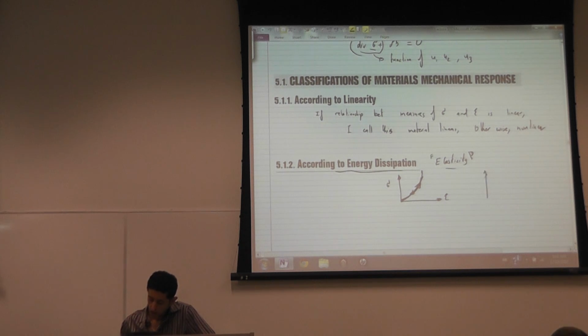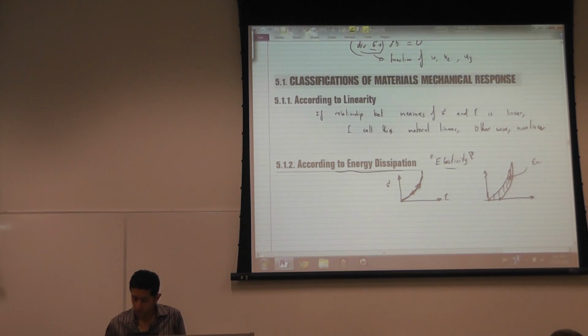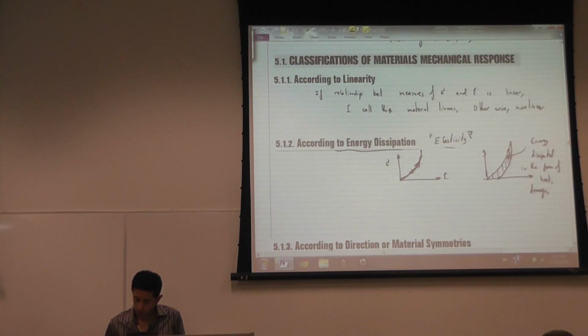If, on the other hand, as I load, I follow a certain path, and as I unload, I follow a different path that might go back to zero or not, then this material is inelastic. The energy dissipated in the material is equal to the area between the two curves, and this energy is dissipated in the form of maybe heat and damage or change in structure.